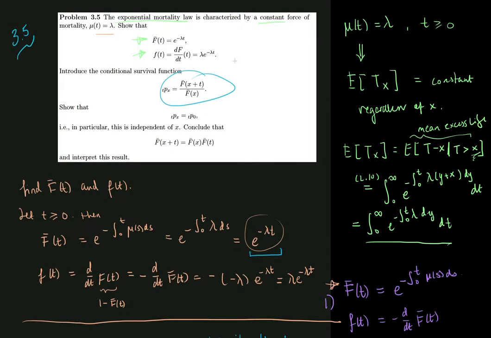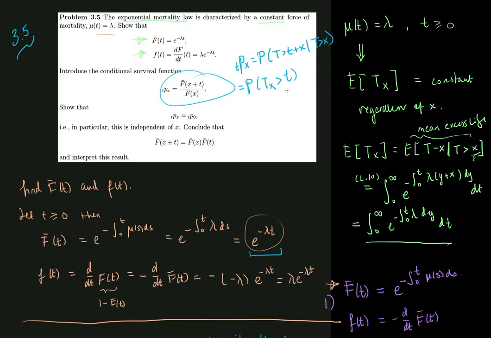And the conditional survival function, tpx, is equal to the probability that a newborn survives past time t plus x, given that the newborn survives past time x. And this is also what we call the probability that the remaining lifetime of an x-year-old is greater than t.